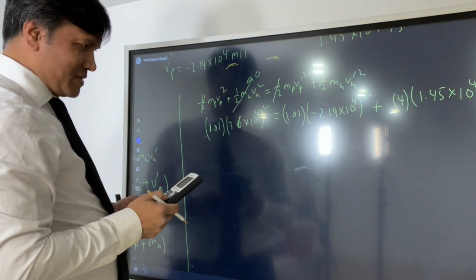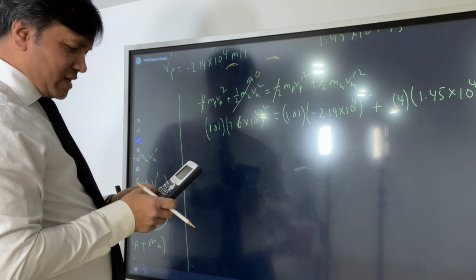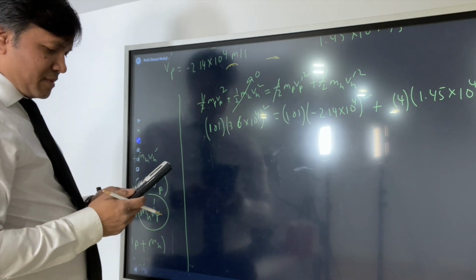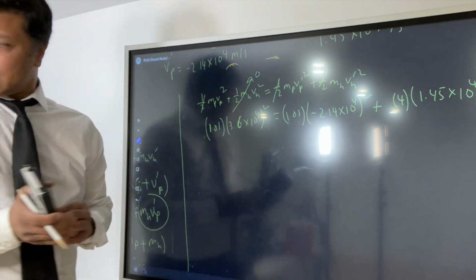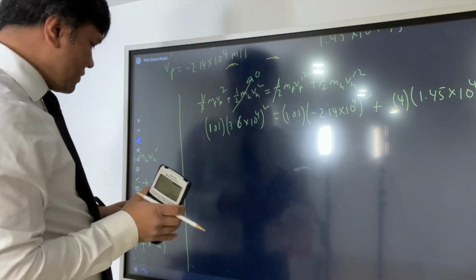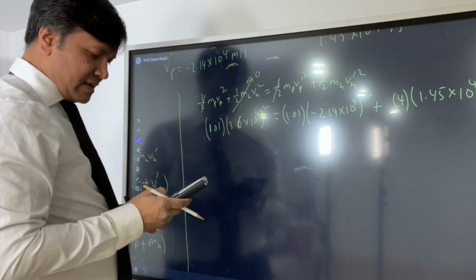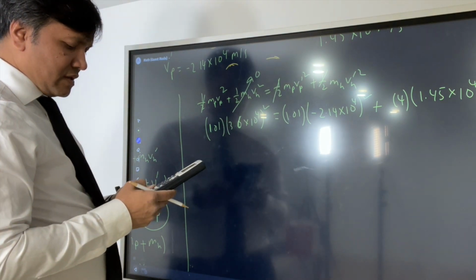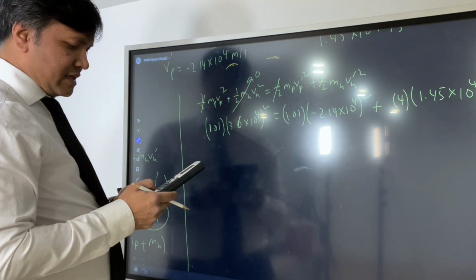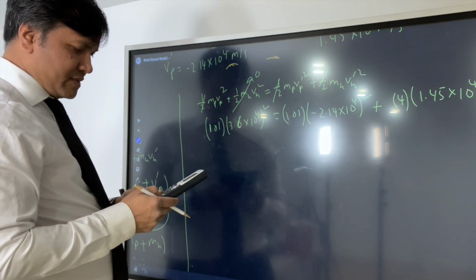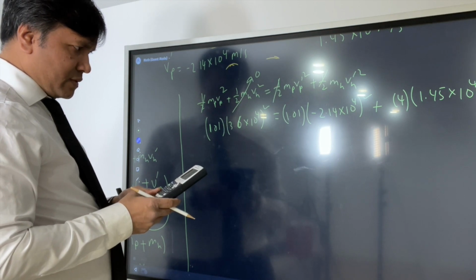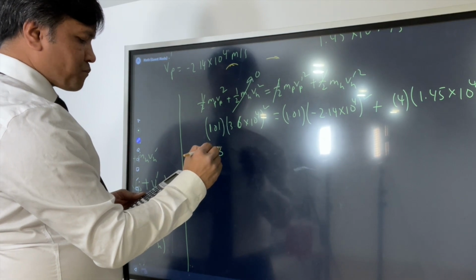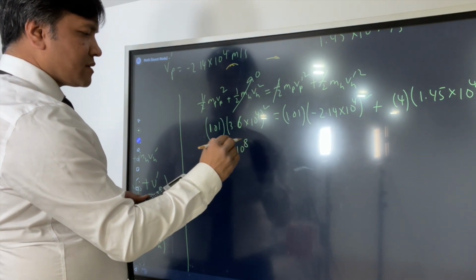All right, 3.6 squared times 1.01. My calculator is not good, it's a broken calculator. So 3.6 squared times 1.01 is about 13 times 10 raised to 8.